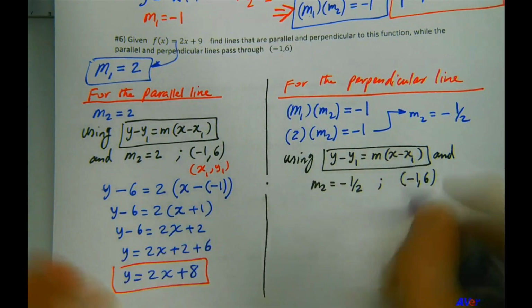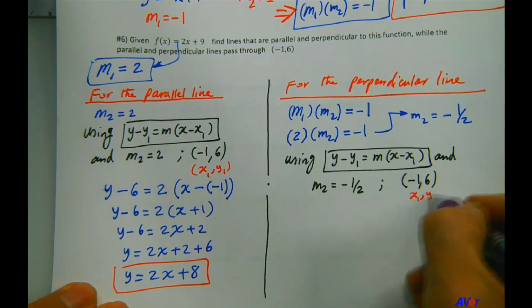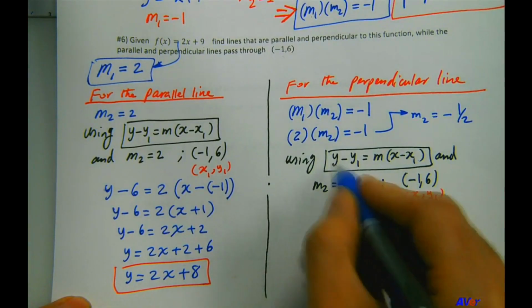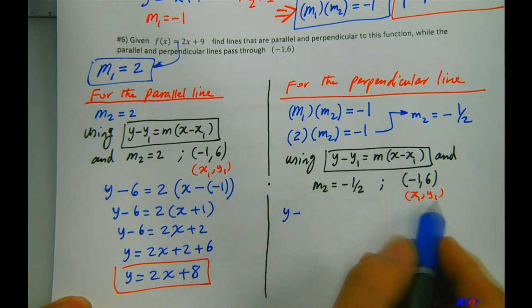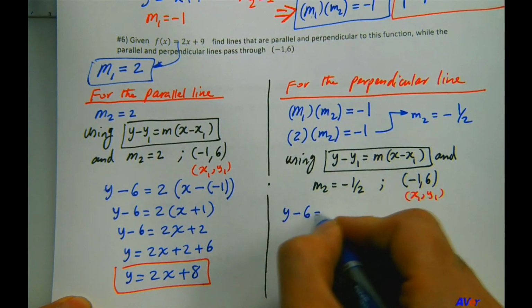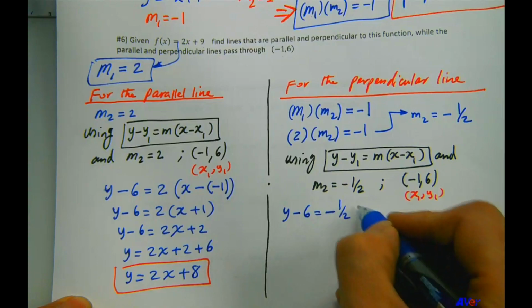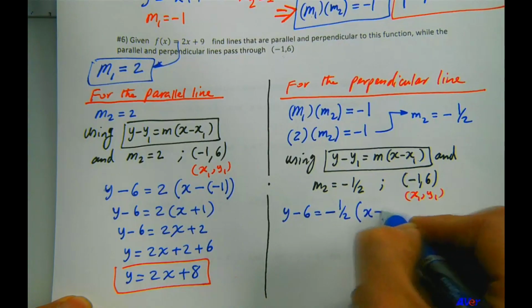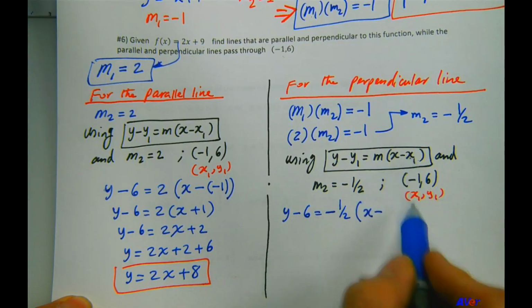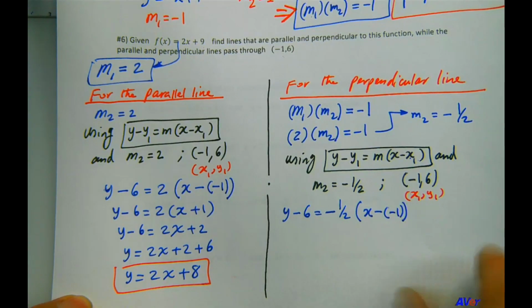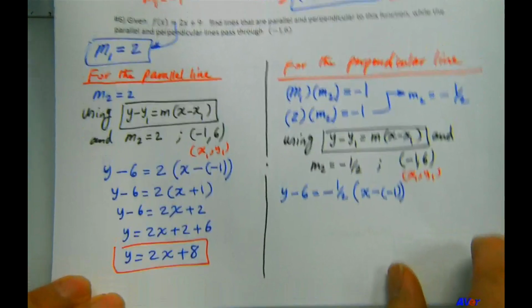And so once again, this is x1 comma y1, right? So y minus y1, which is 6, equals m, which is minus 1/2, times x minus x1, which is minus 1, like that. So let's simplify the right-hand side.